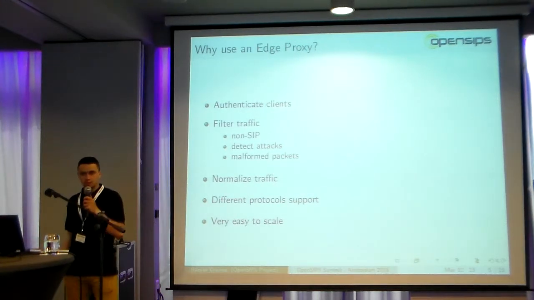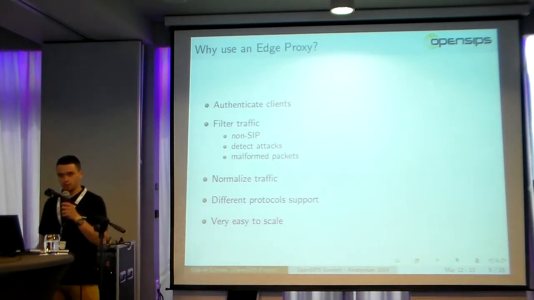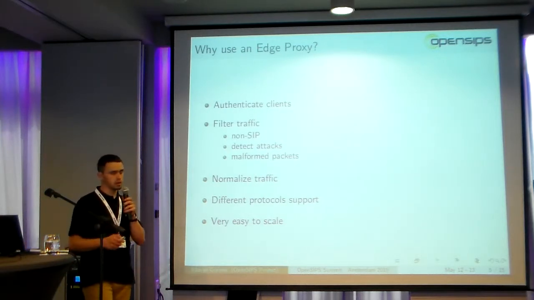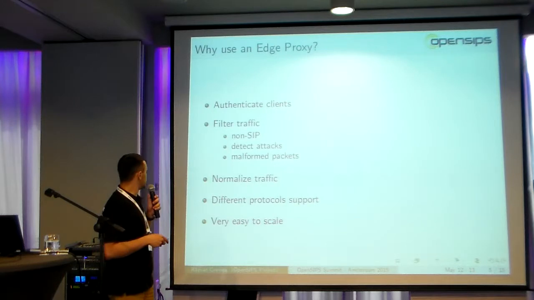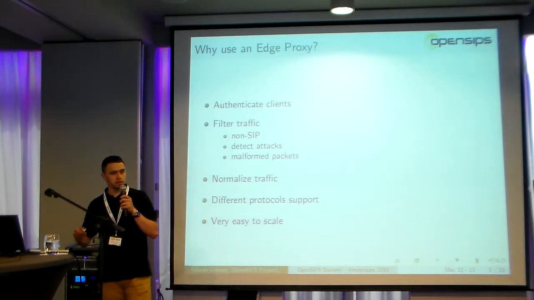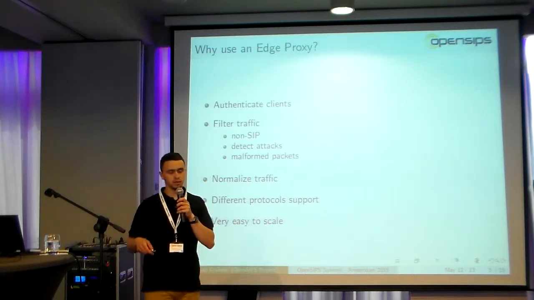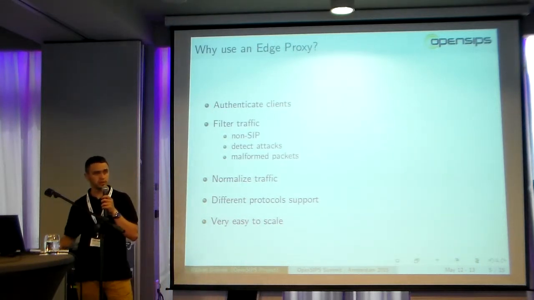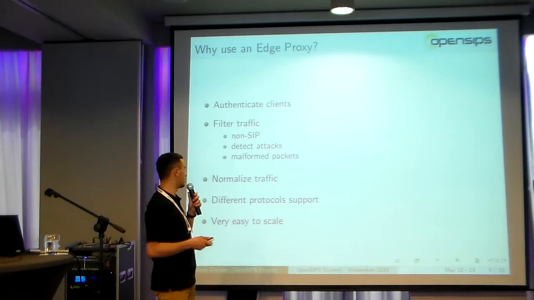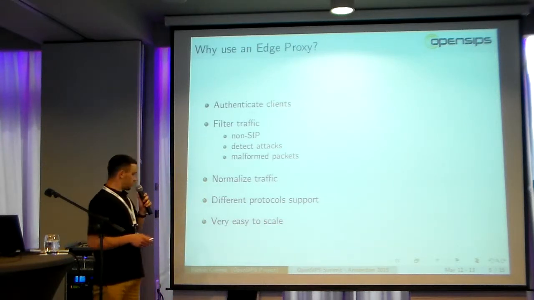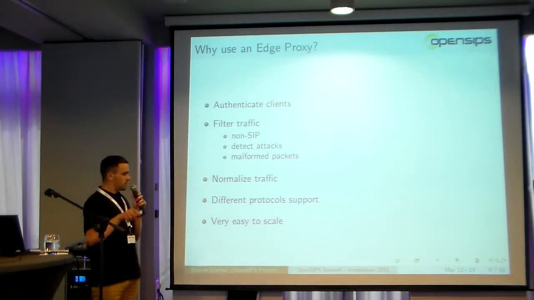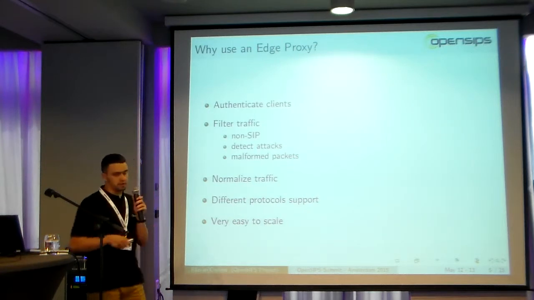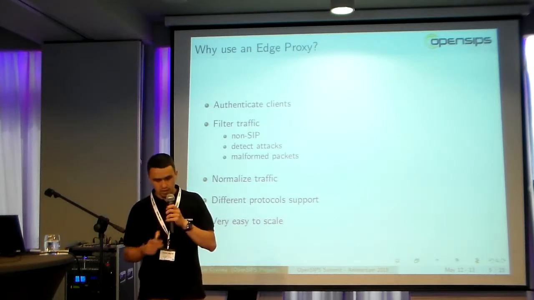What does an edge proxy do? Well, first it needs to authenticate clients. It needs to make sure that everybody who reaches the core component is allowed to do it, and to authorize it and so on. Another thing that has to be done on the edge side is to filter the traffic.